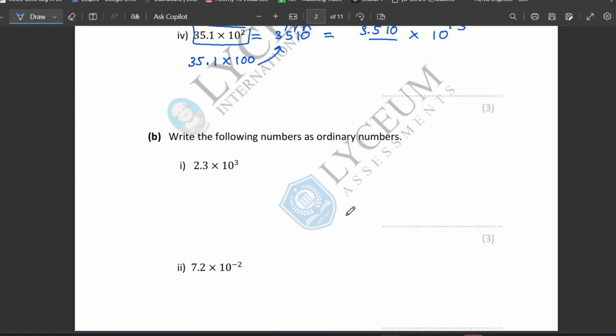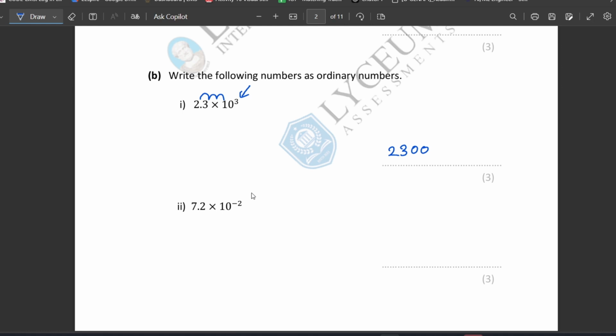And in the B part, we have to write those numbers in ordinary numbers. So you can see this is plus. So we have taken the decimal point to the left hand side. Then when we turn this into the ordinary number, we have to take this into the opposite side. This is the answer.